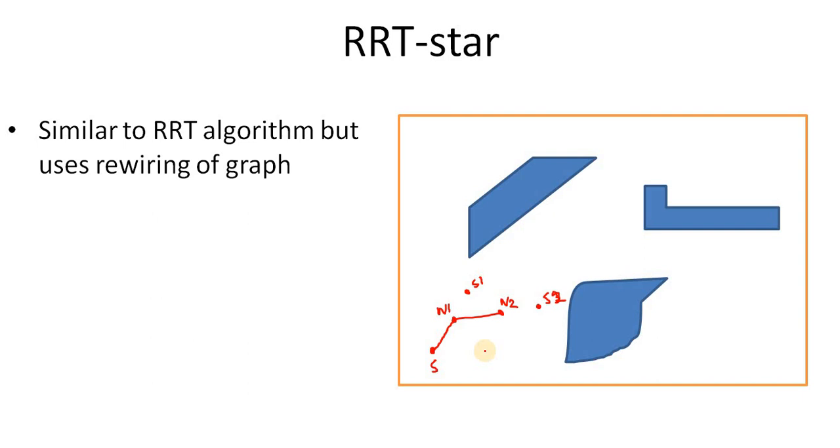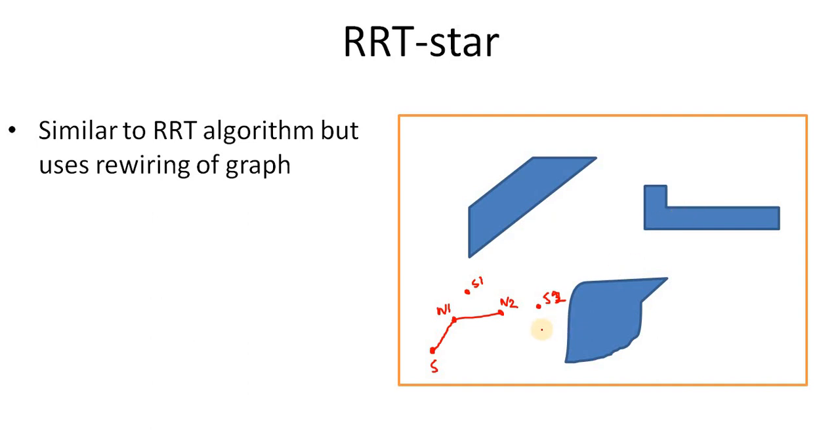So what's the difference here? If you remember from the RRT algorithm, we keep repeating this process always. We keep adding new nodes to our tree, placed from the nearest node, and which are collision free. They are not in the obstacle. And we keep repeating this process till we reach our target point.